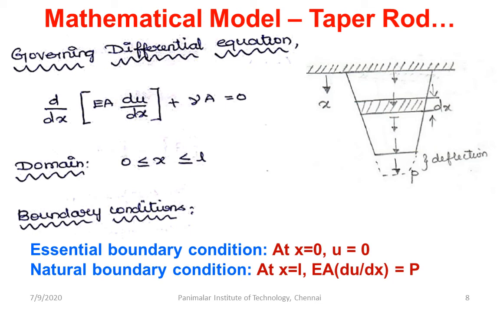So now you will understand how to convert an engineering problem into a mathematical model. First we use the equilibrium conditions, next we use the constitutive equation. By using these two sets of equations, we are able to derive the mathematical model for a physical phenomenon.